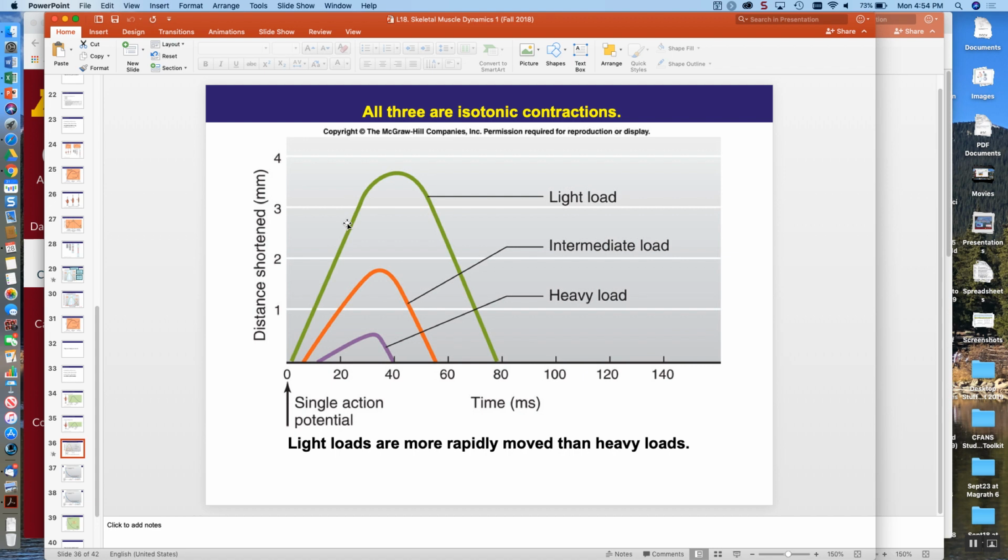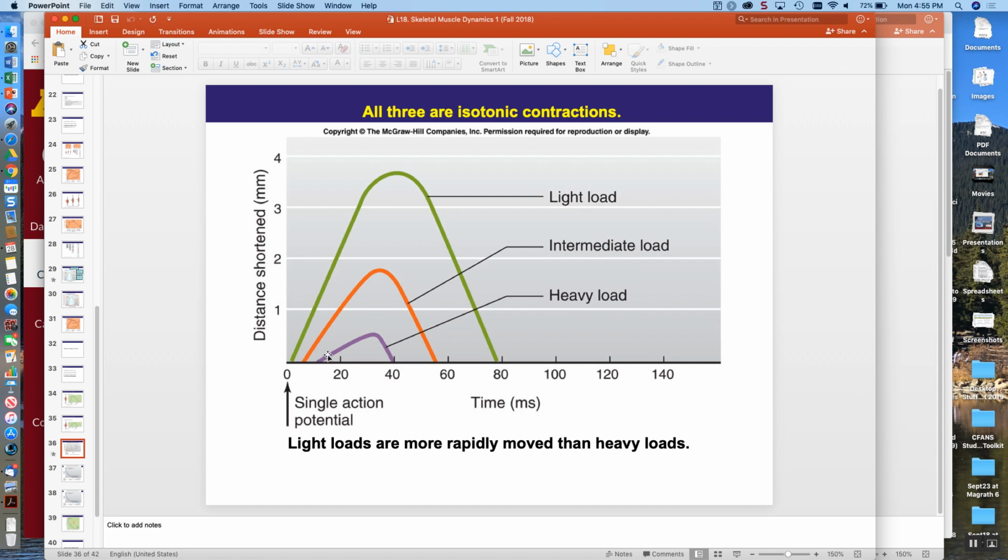You can see contraction and relaxation. It puts that weight back down. Okay, so the distance shortened is pretty great. All right. The orange line is an intermediate weight. You hang it on the muscle and you stimulate it. It picks up that weight, not to the same distance, and then it puts it back down.